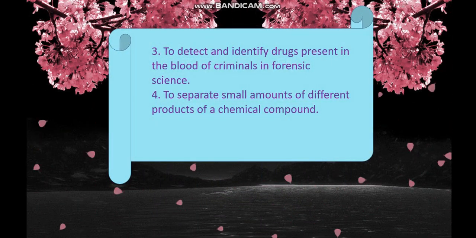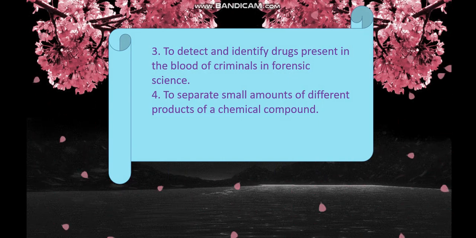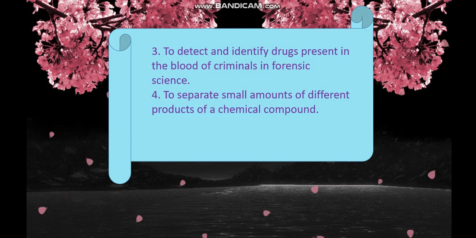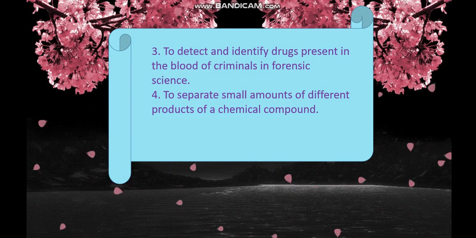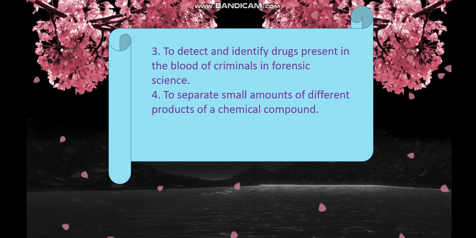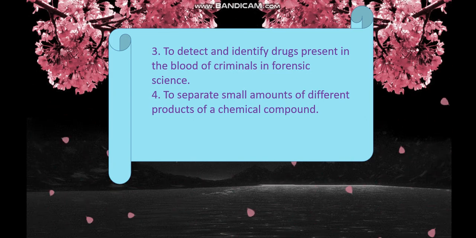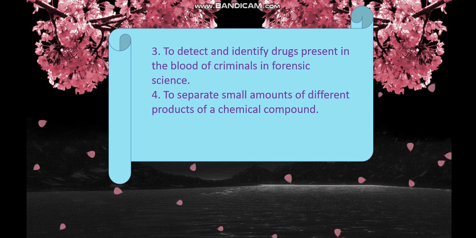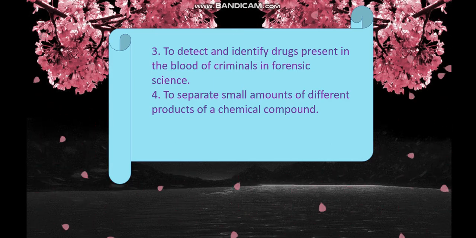To detect and identify drugs present in the blood of criminals in forensic science, where it is mainly used by the forensic yard. And at last, to separate small amounts of different products of a chemical compound, even when the physical and chemical properties are similar.